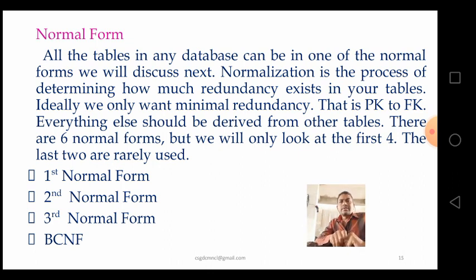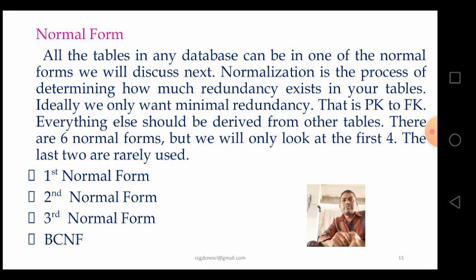All the tables in any database can be in one of the normal forms. We will discuss that next. Normalization is the process of determining how much redundancy exists in your tables. Ideally, we only want minimal redundancy, that is primary key and foreign key.